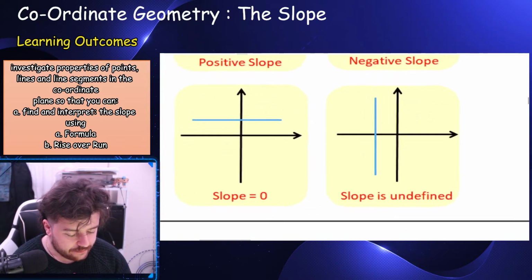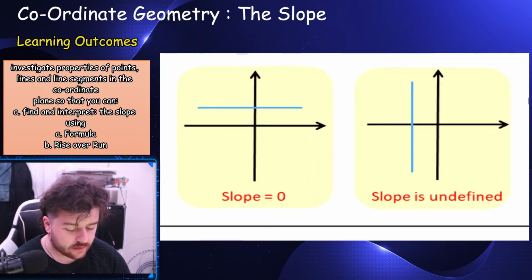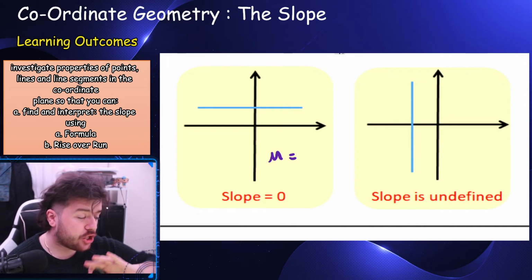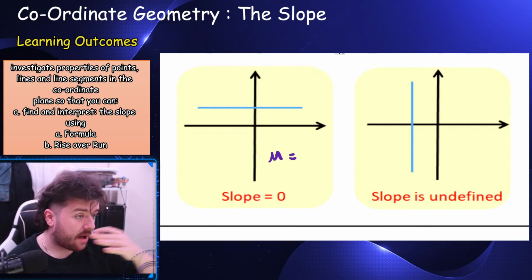Just to bring your attention back up here, looking at these two slopes. The reason why this slope is 0 is because it's rise over run, the change in height of my graph over the change in length.